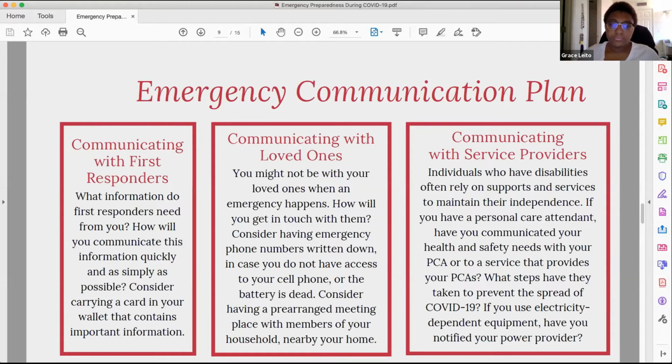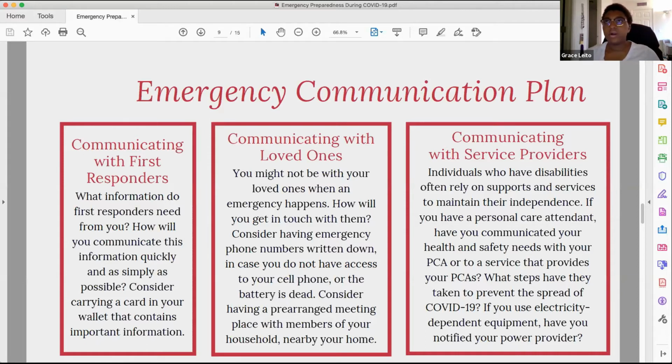Also, a prearranged meeting place is very useful. You should actually have different meeting places based on the scale of the emergency: one just outside your house, a place that you all know, one outside your neighborhood, and then one outside of the larger region.